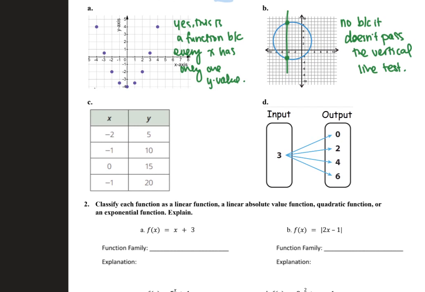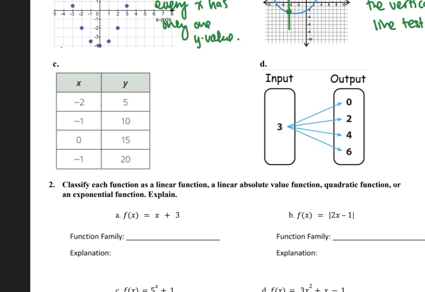All right, now let's look at number C. This is a table. For the table, we're going to look at our x values, and make sure that every x value has only one y value. If we look at -2, I see that that has one y value. There are no other -2s. Next value, I see -1, and that goes to 10. However, there's another -1 in our table, and that goes to 20. So there's a problem right there, right?